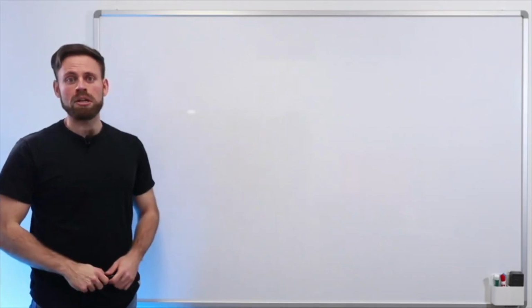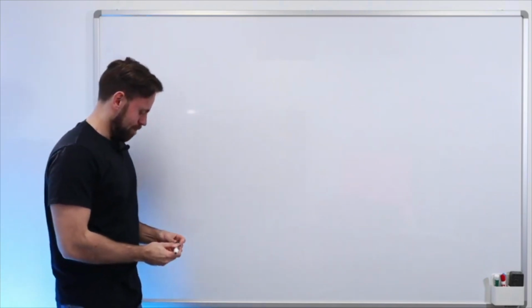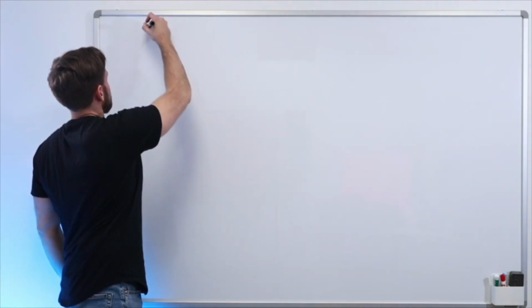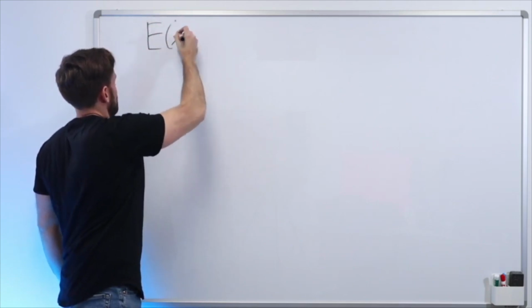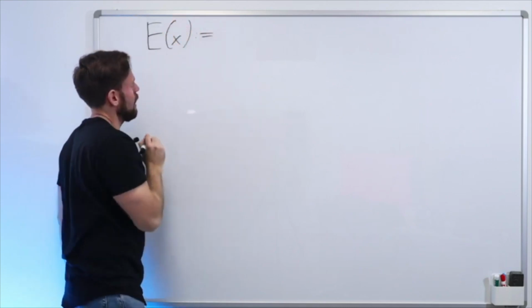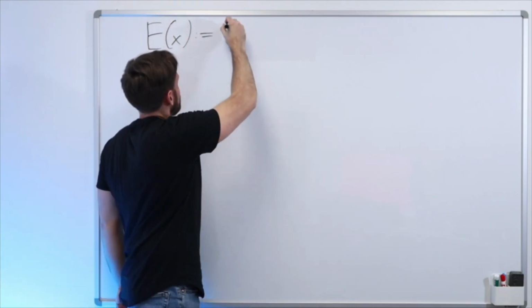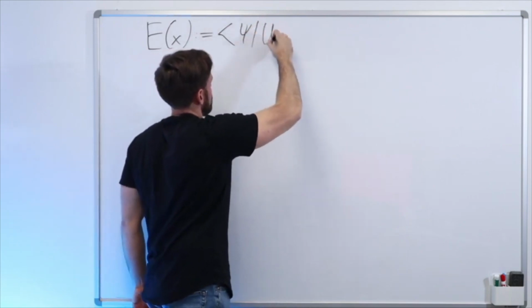All right, let's start with some notations and introduce some definitions. First, let's introduce the expectation value of an operator B. We can write it up as a function E(x), taking a single scalar input, such that the expectation value is this expression.